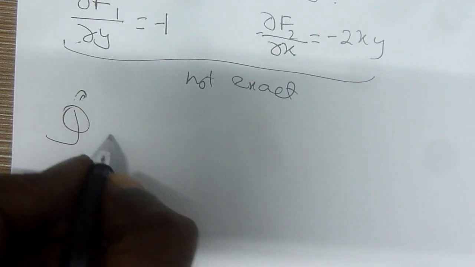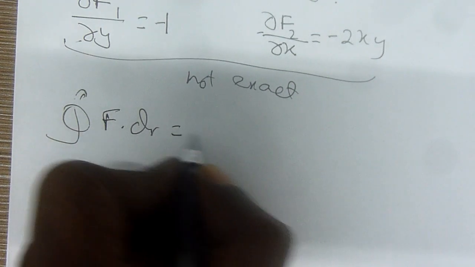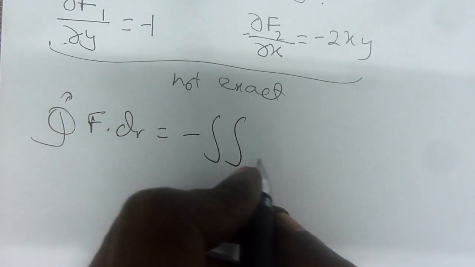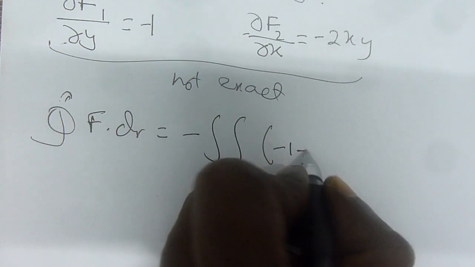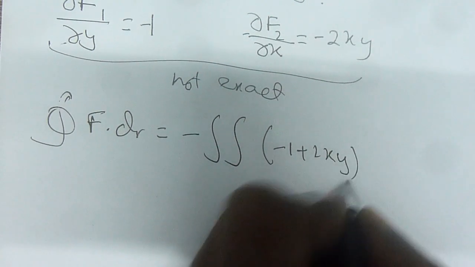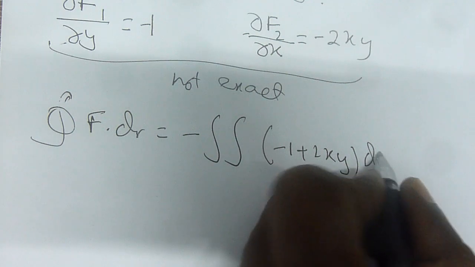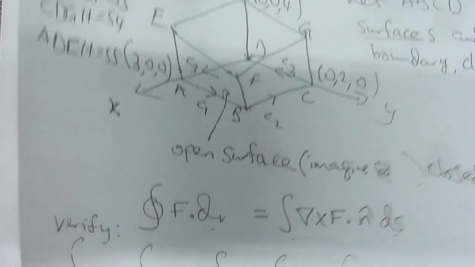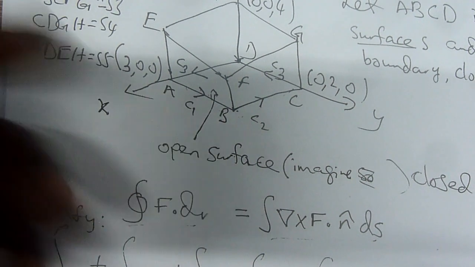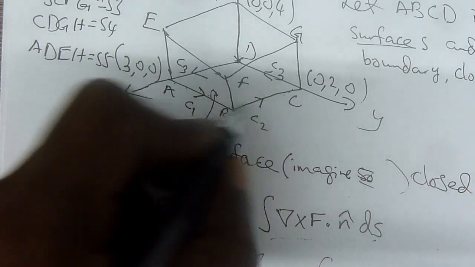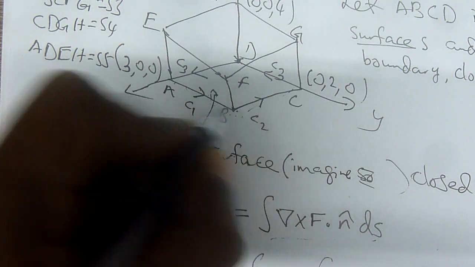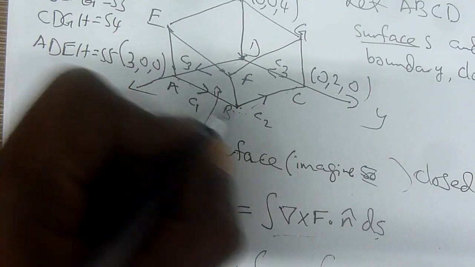Combine together. Therefore, you can calculate the integral of F dot dr very fast, whereby you get negative 1 plus 2xy, integrated dx dy. How do I know dx dy? I must refer to this.